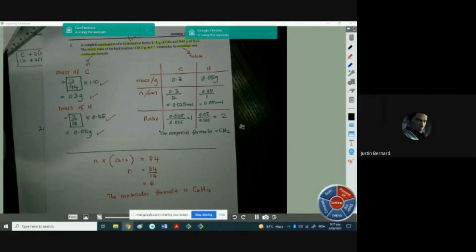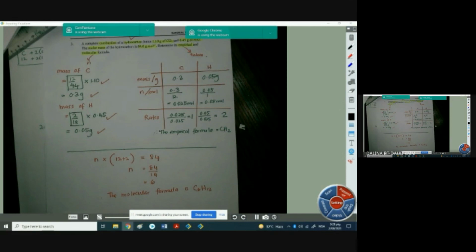And it will give you the total mass of the substance. The excess will get the mass of oxygen. It can ask you oxygen, it can ask you sulfur. Okay, nanti saya cari soalan tu, kita buat latihan.